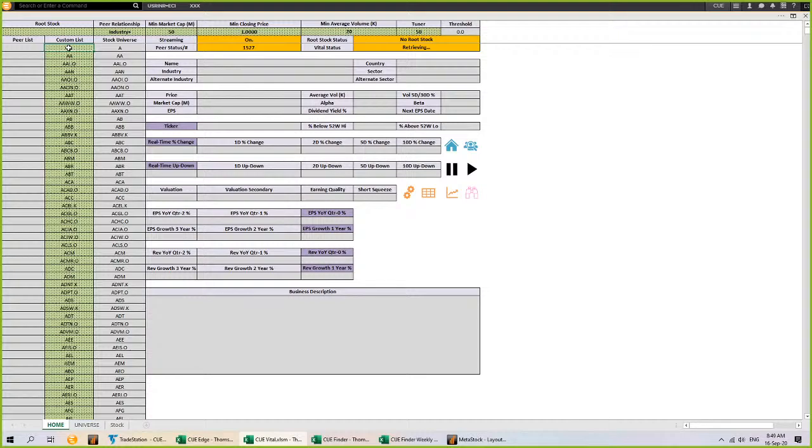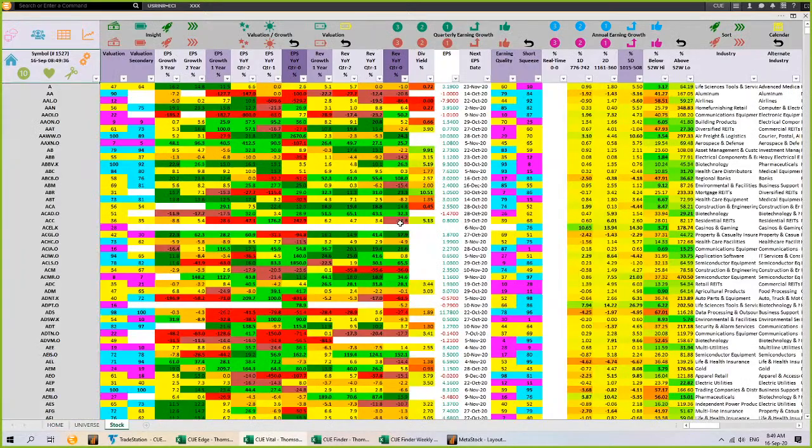It is going to Refinitiv, retrieving data about all these 1527 stocks, and then it will calculate the scorecard. Let's give it a few seconds. Updated.